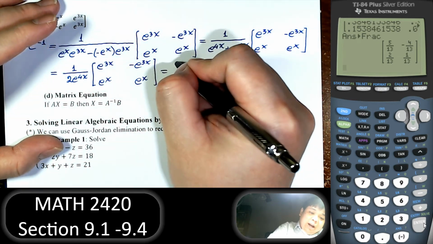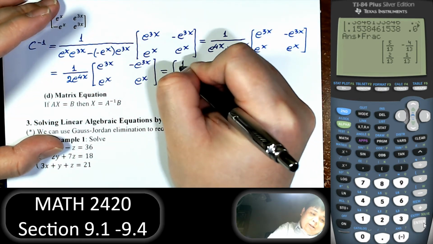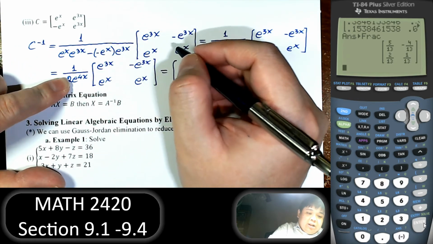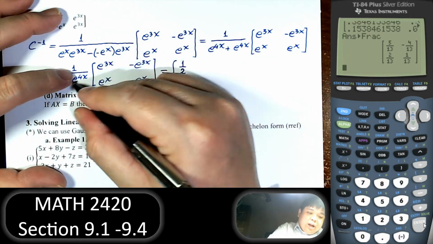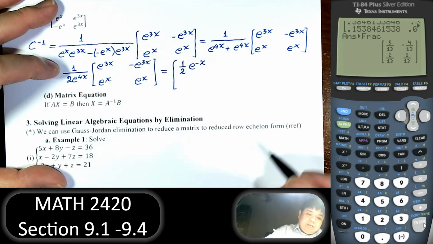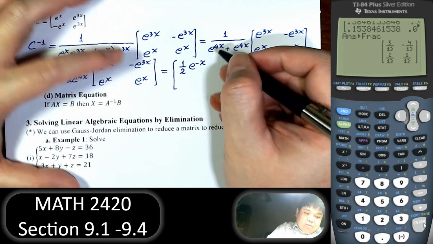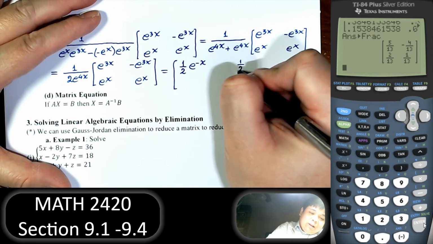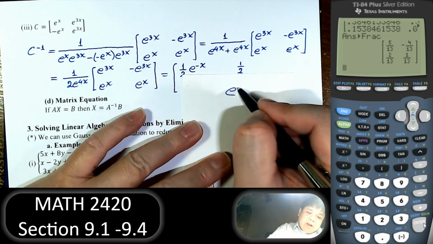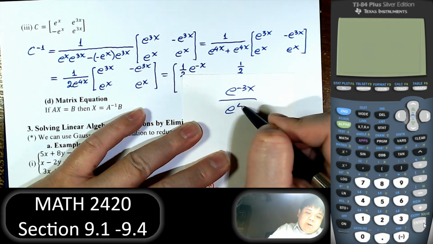Now we multiply that inside. We will still have 1/2, e to the 3x over e to the 4x. 3x minus 4x gives e to the negative x. Then 1/2 e to the negative 3x over e to the 4x.